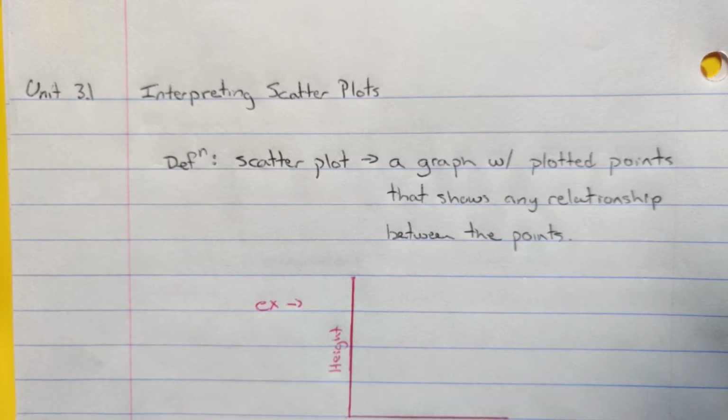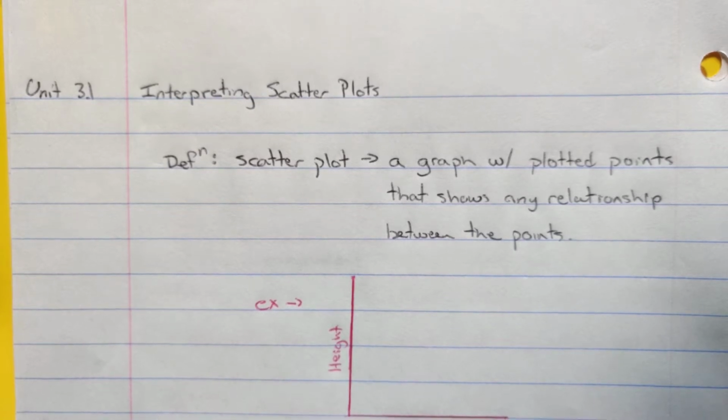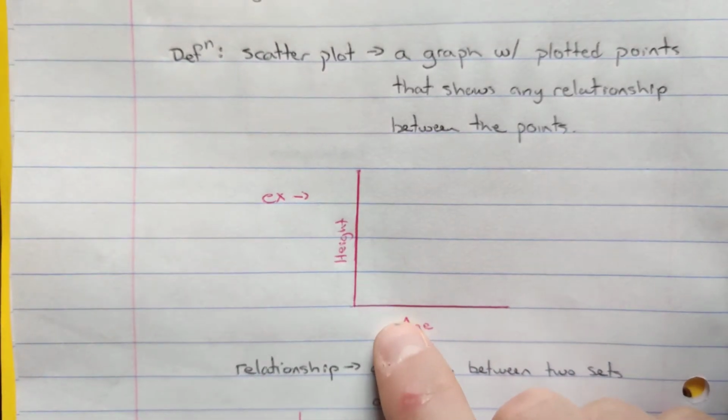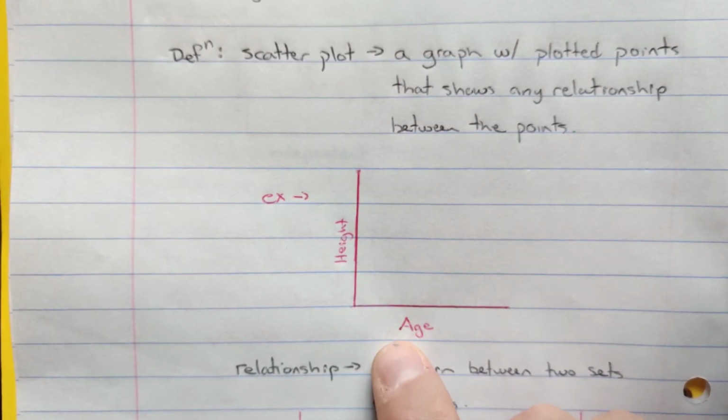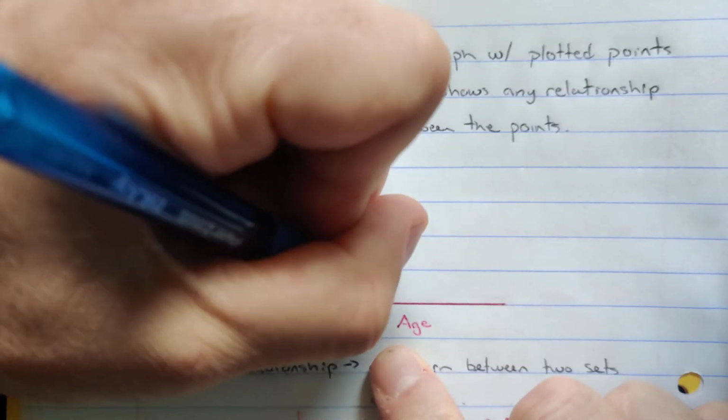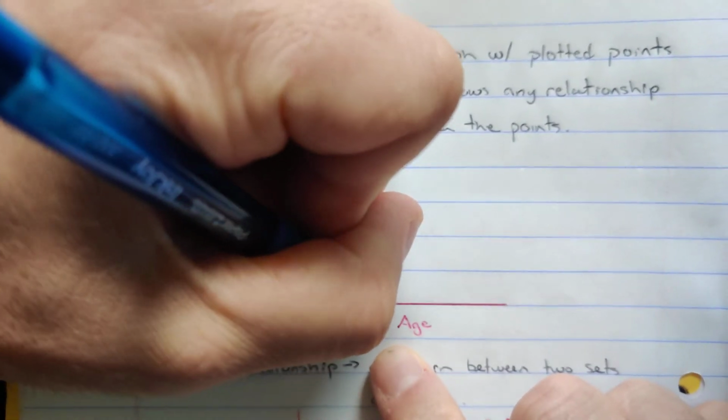So a scatter plot is just a graph with plotted points that shows any sort of relationship or a lack of relationship between those points. For example, we might have something like age and height, and then generally, as we get older, as our age increases, so does our height, just from basic observation.